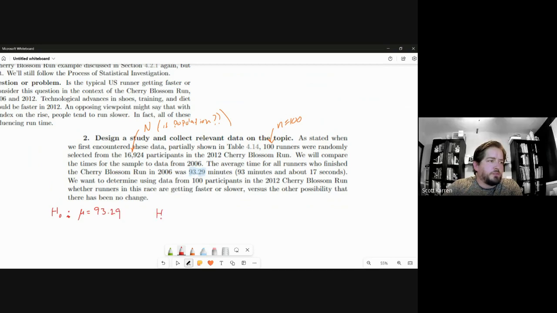And my alternative, in fact, it doesn't say faster or slower. We just want to see if it has changed. And so my alternative is that this is not 93.29.